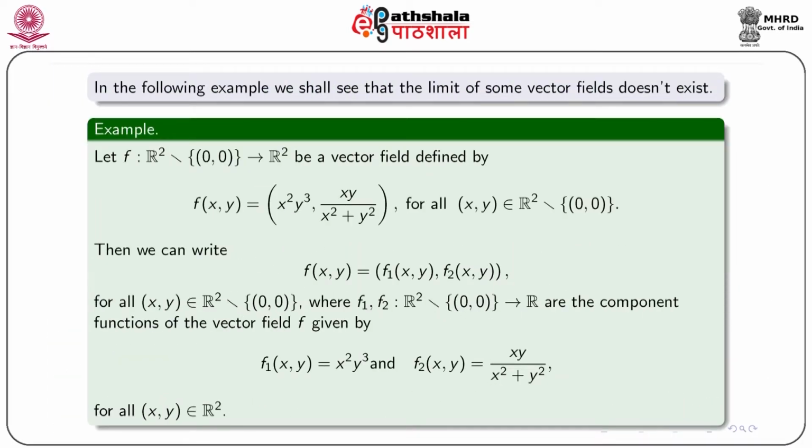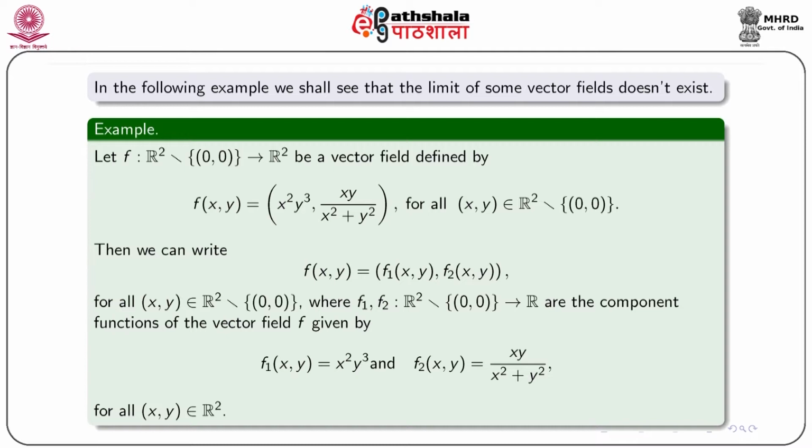In the following example, we shall see that it may also happen that the limit does not exist. Let f be a vector field defined on the set R^2 minus the origin, and the codomain is also R^2, and it is defined by f(x, y) equals the ordered pair (x squared y cubed, xy by x squared plus y squared).